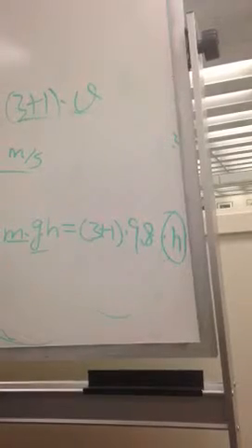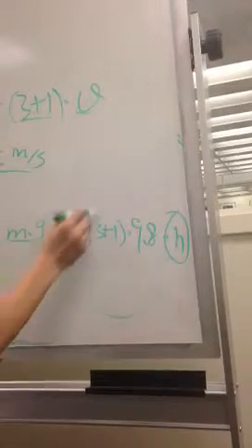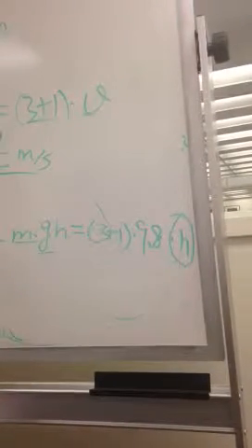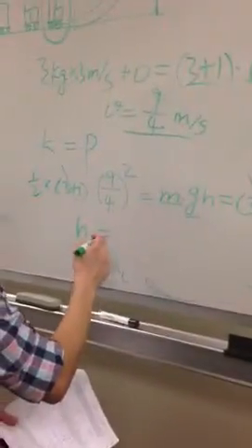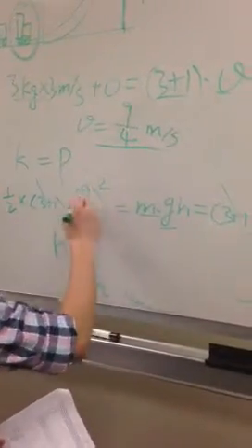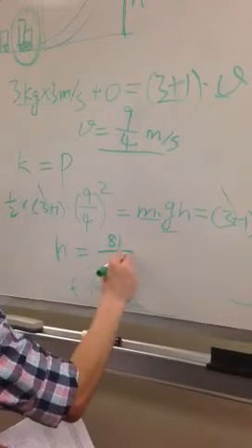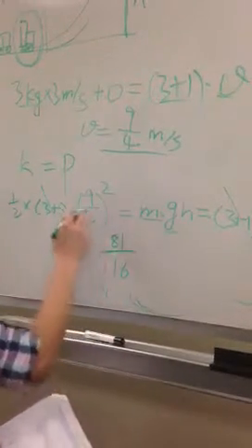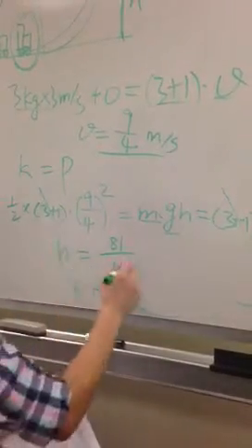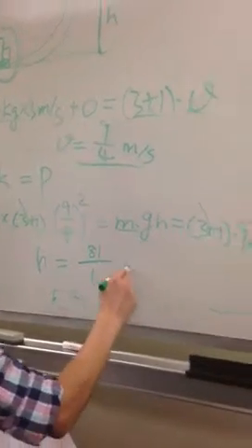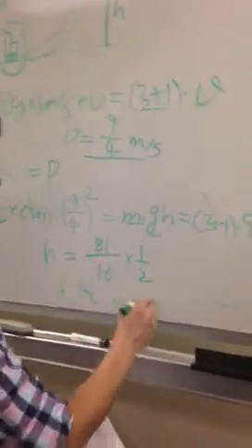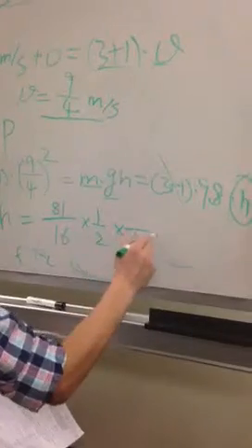So if you calculate mass h is equal to, here is 81 over 16, right? 9/4 squared times 1/2 divided by 9.8.